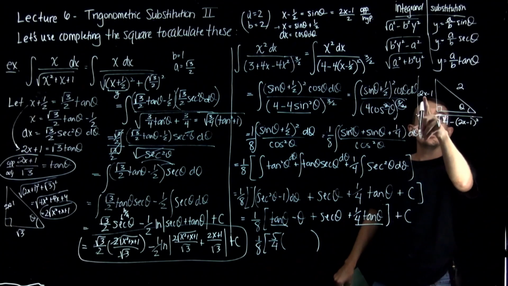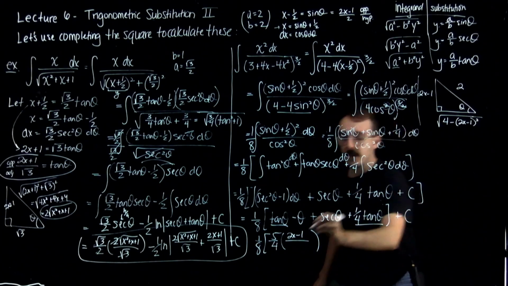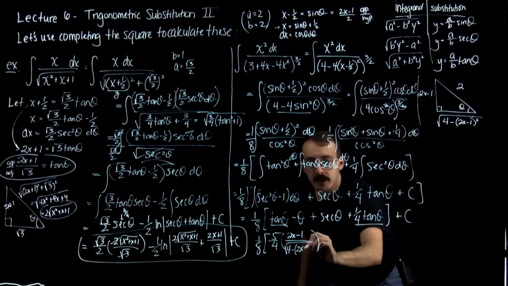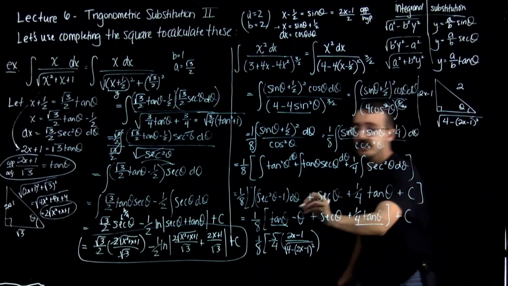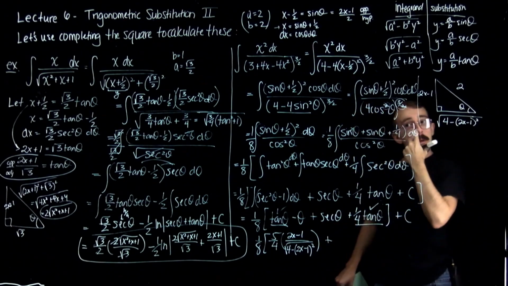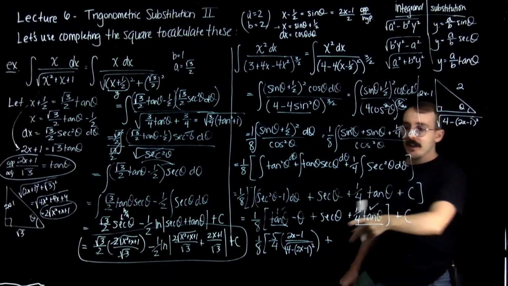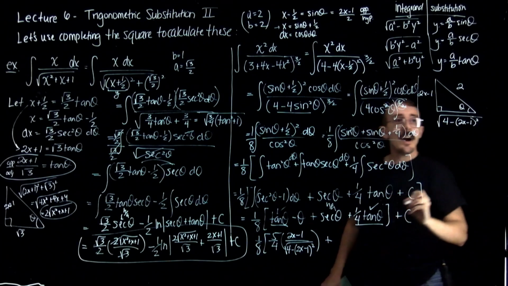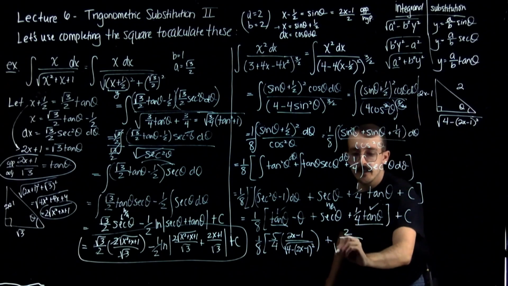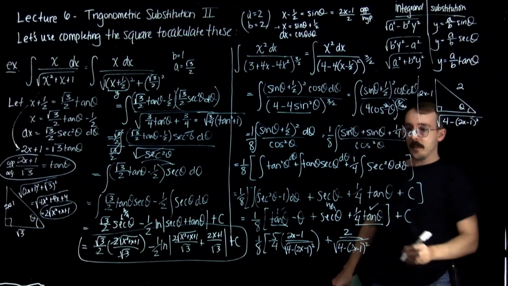Tangent is 2x minus 1 over the radical 4 minus (2x minus 1) squared. That takes care of the tangents. What is secant equal to? Secant is hypotenuse over adjacent, because cosine is adjacent over hypotenuse. So this is 2 over the radical 4 minus (2x minus 1) squared.